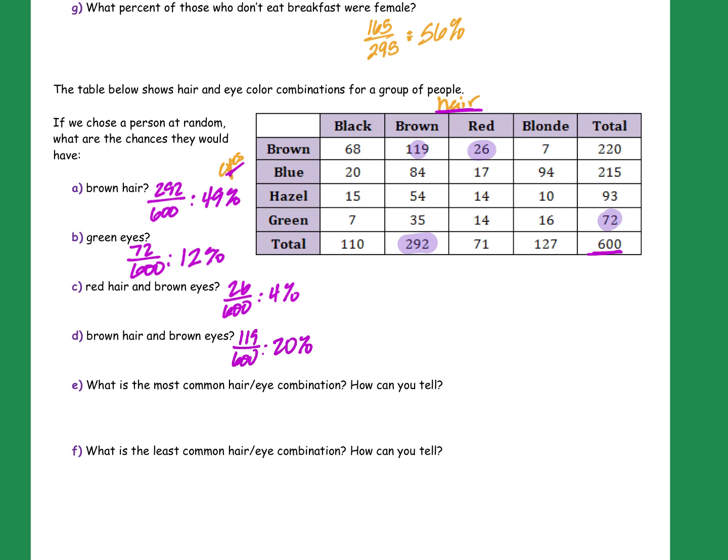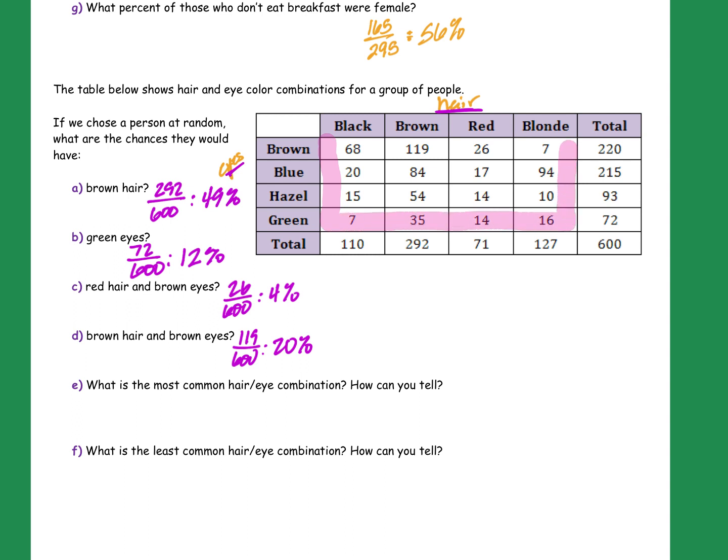Okay, and then the last two questions don't ask for a percentage. It just says, what is the most common hair-eye combination? So if you're looking at your table, we're not looking at the totals this time. All I'm going to look at to answer this question are the numbers in my cells.